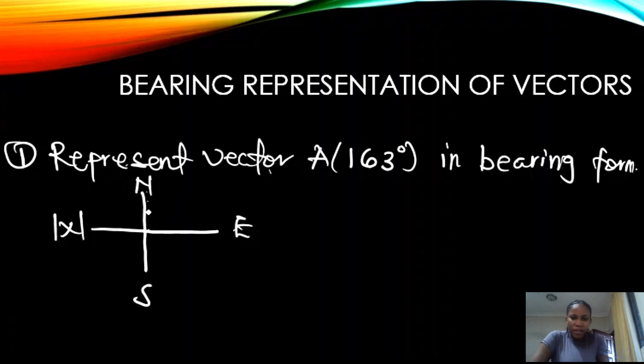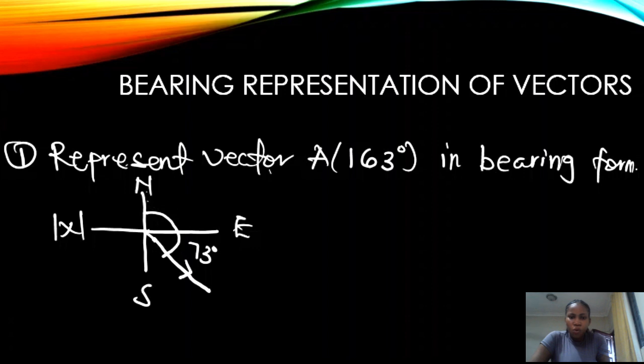So we know that this is 90. So 90 plus what would give you 163? Doing that calculation, you get 73 degrees. So meaning we draw clockwise. This is 73 degrees, the direction of A. Here is already 90.